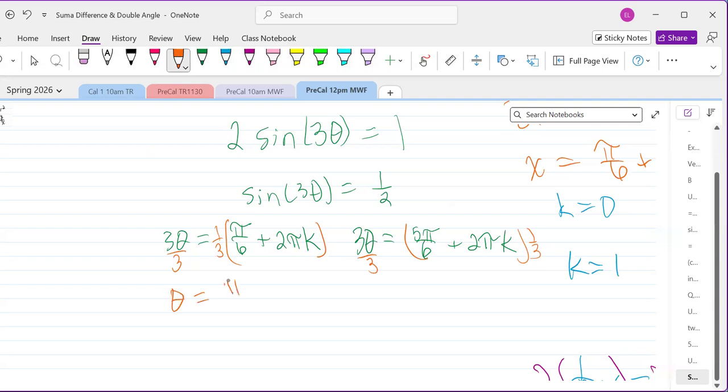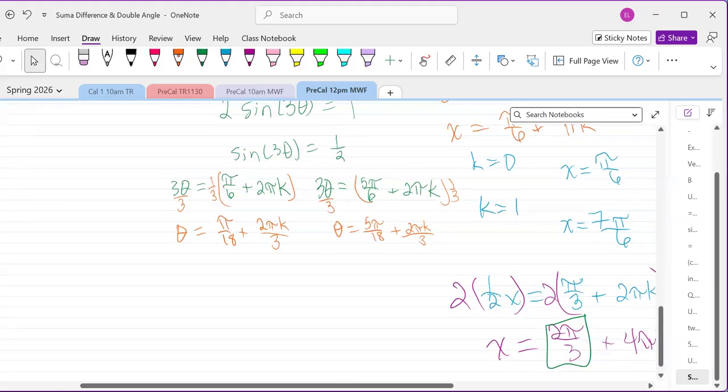So now we'd have pi over 18 plus 2 pi k over 3 and 5 pi over 18 plus 2 pi k over 3. And we'll have to use three K values, not K equals 3, but three different K values.